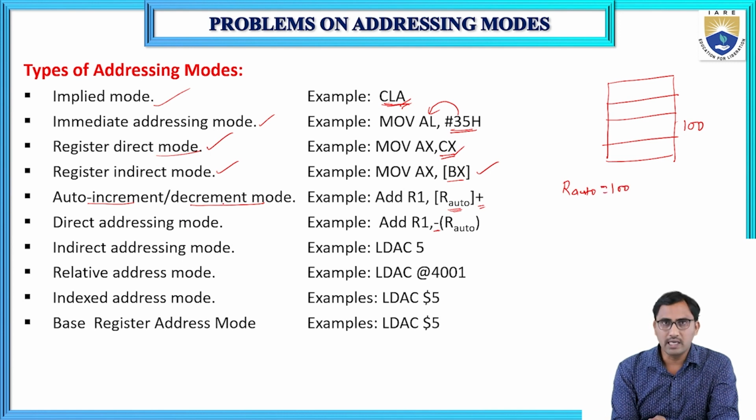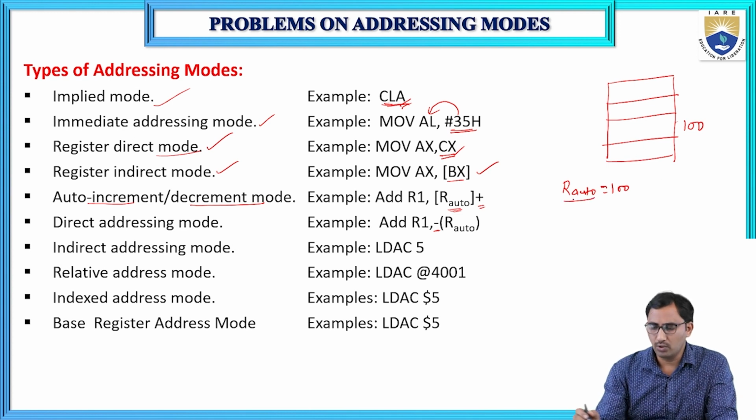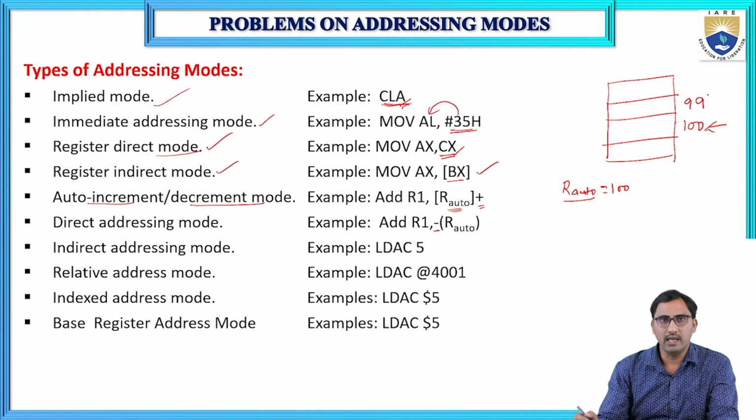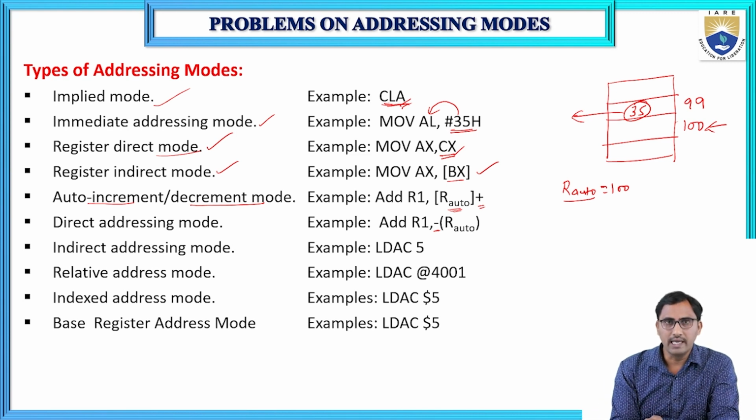In auto decrement mode, R auto contains the effective address, so it will go to the 100th memory location. After that, it will be decremented, so the address will be 99. Then it can access the operand present in that location. Let us assume some 35 is there. So this is the operand, and it will access it.